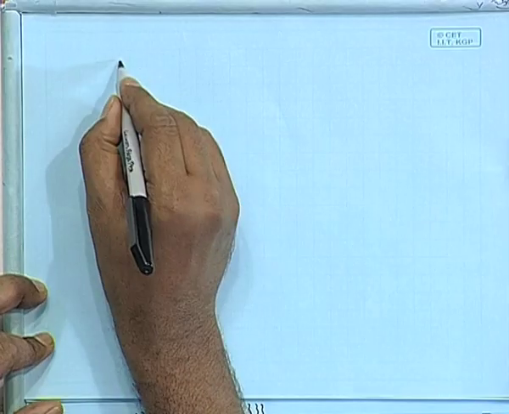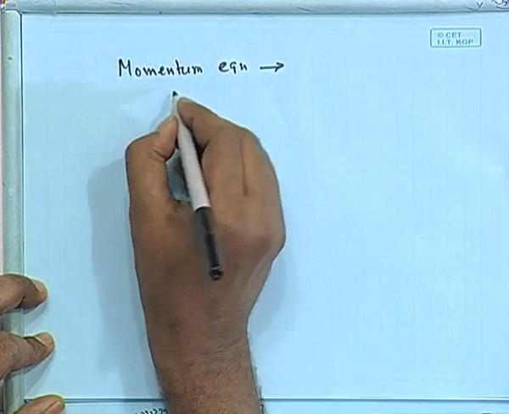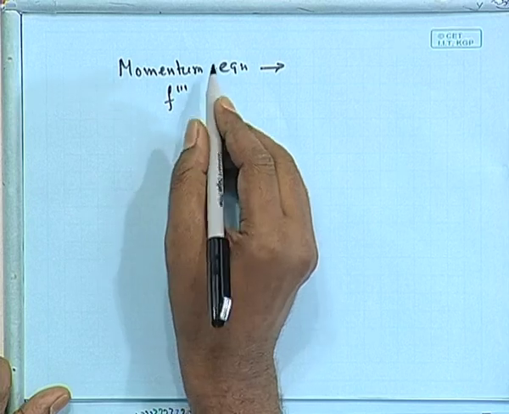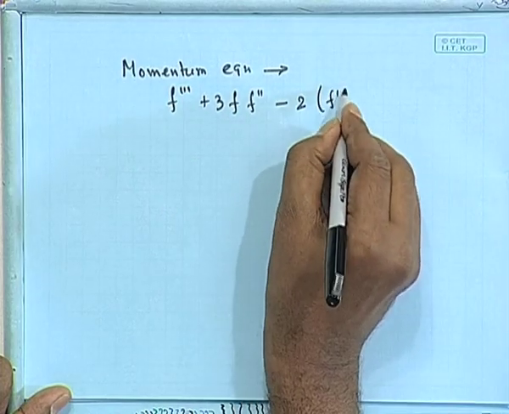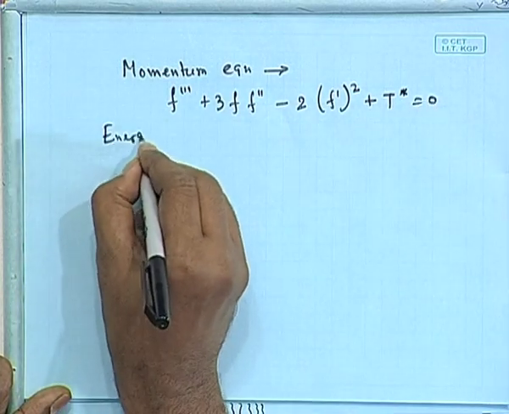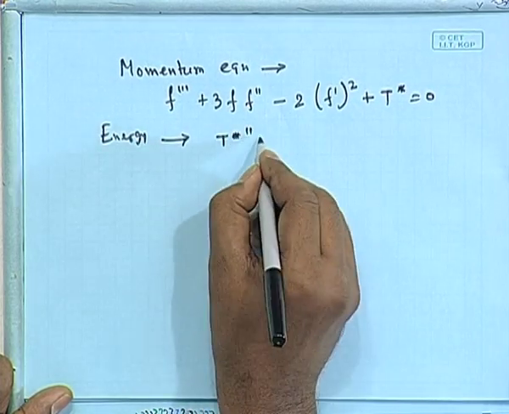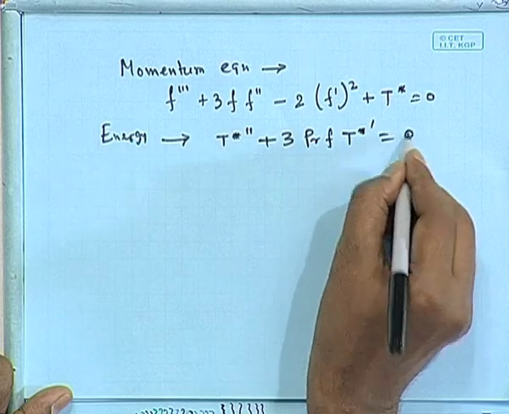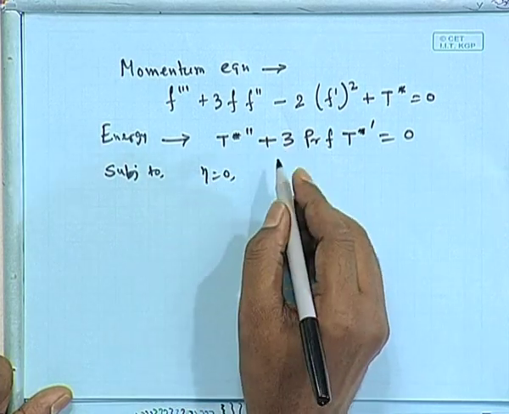Now, if you do that, from the momentum equation, you will be getting f triple prime, this is basically d cube f d eta cube, plus 3f f double prime minus 2f prime square plus T star is equal to 0, and the energy equation will be coming as T star double prime plus 3 Prandtl number f T star prime is equal to 0, subject to eta equal to 0.